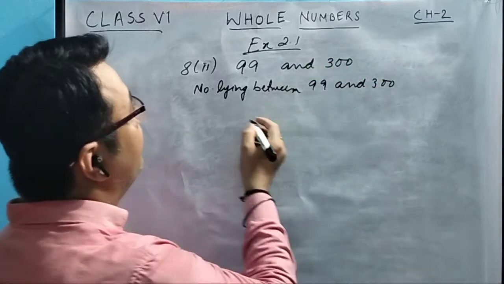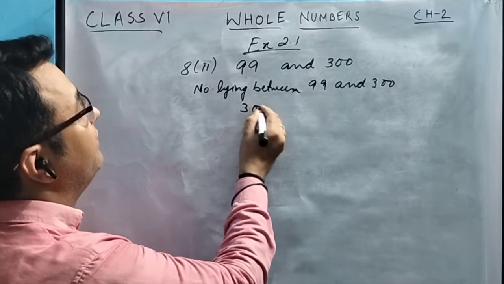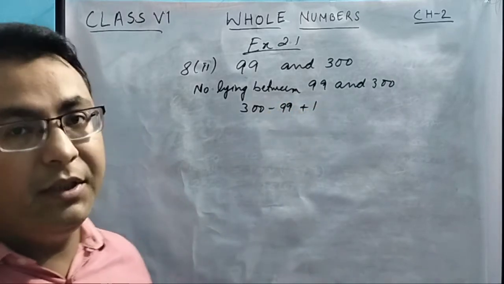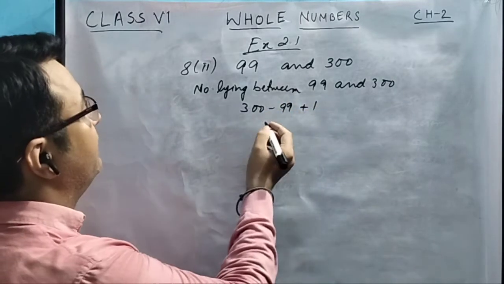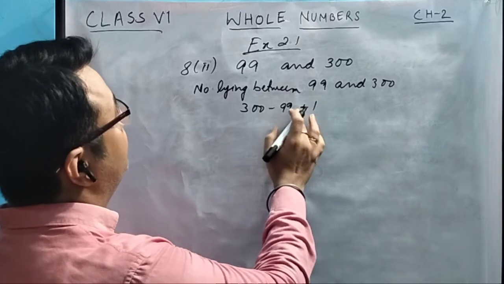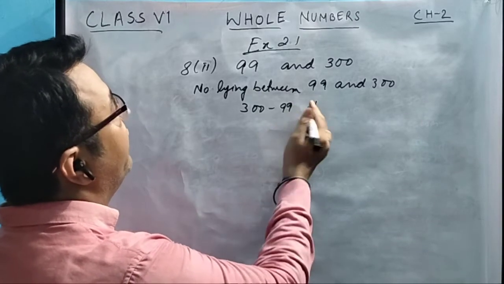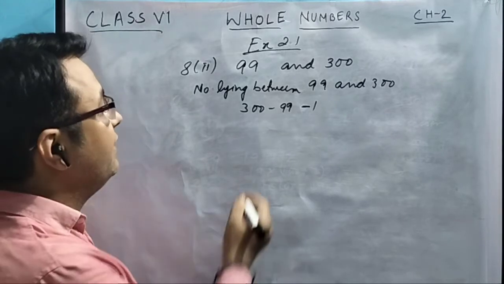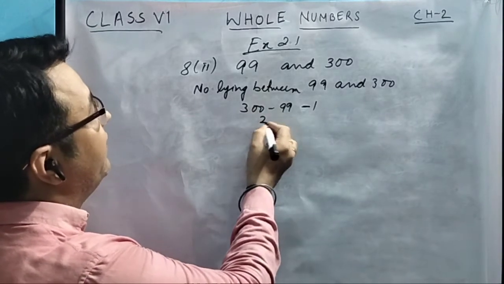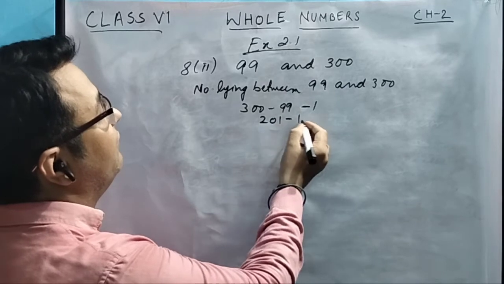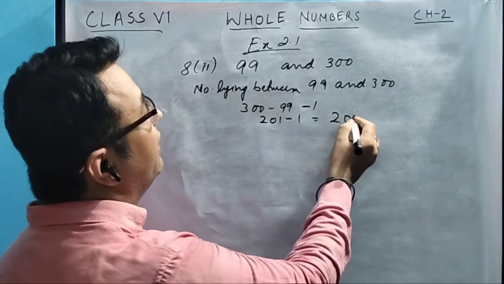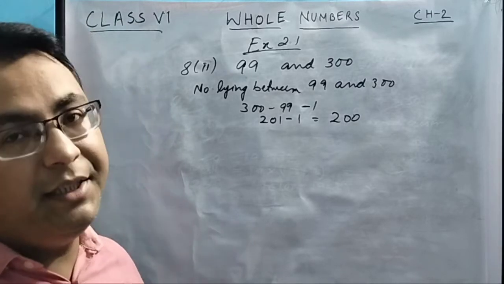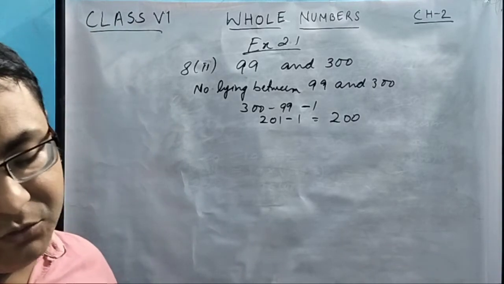We subtract the first number from the last number, that is 300 minus 99, and we subtract 1 from it. Sorry, we subtract 1 from it. Why do we subtract? Because we will not take the first and last numbers. So 300 minus 99 is 201, and we subtract 1 from it. So there lie 200 whole numbers between 99 and 300. So the answer will be 200.